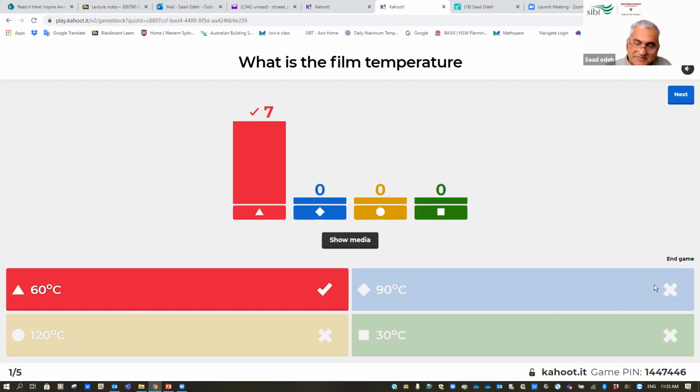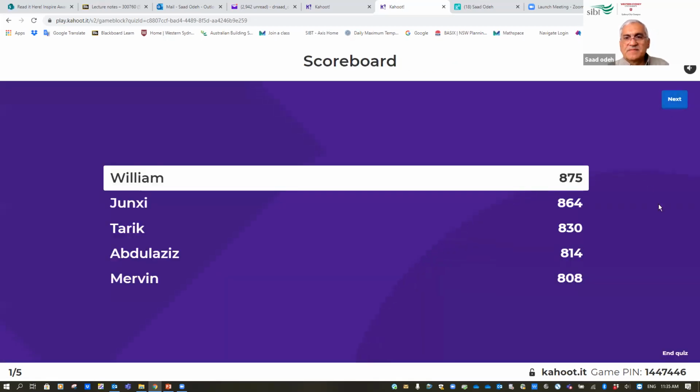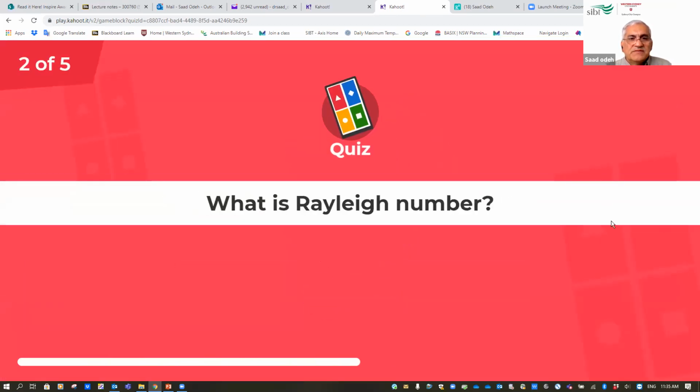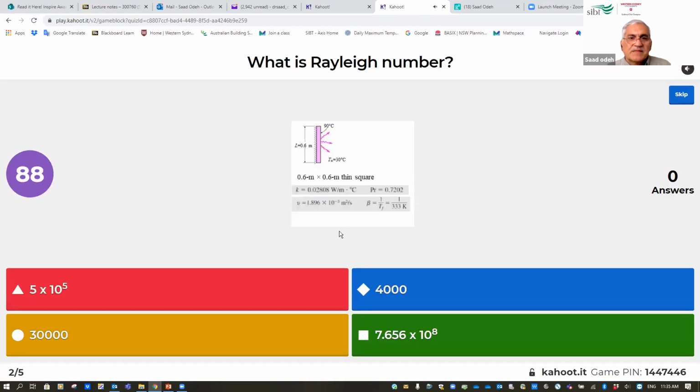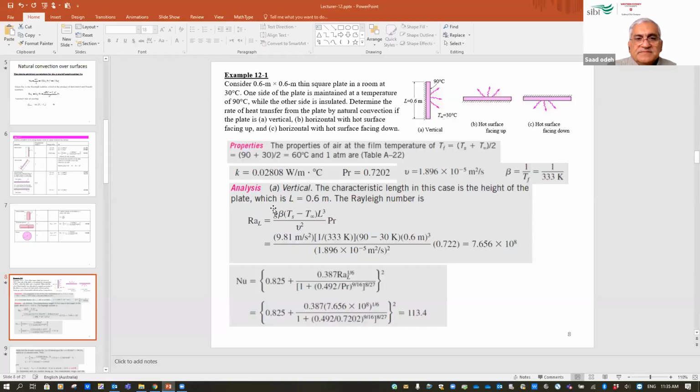Good result. You are very close to each other. So let's do the second one. We're going to use this film temperature to find the Rayleigh number. First of all, remember the Rayleigh number formula. This is the formula for the Rayleigh number.